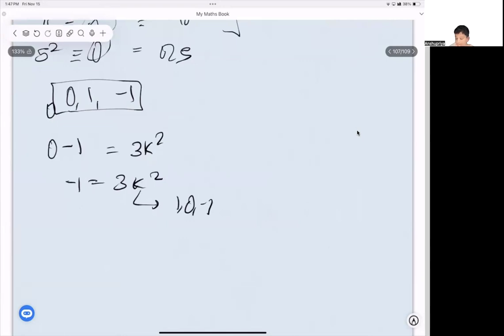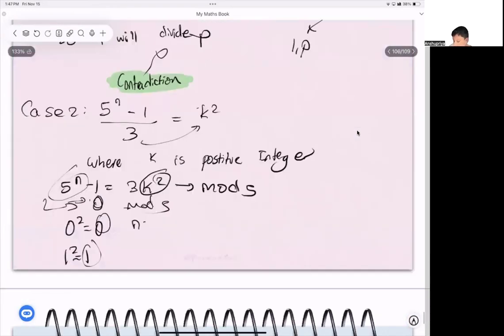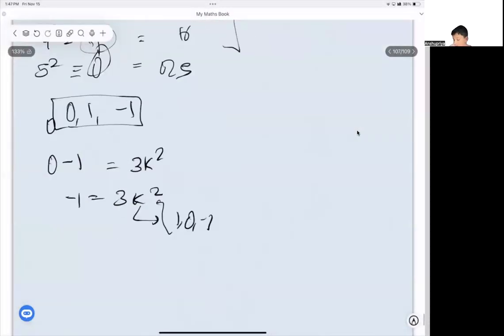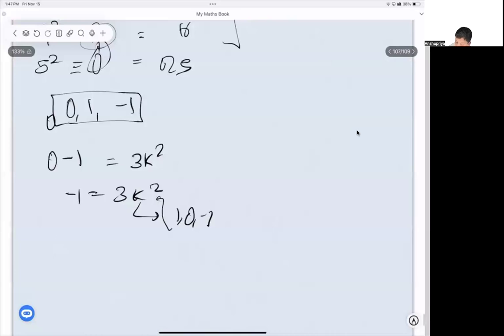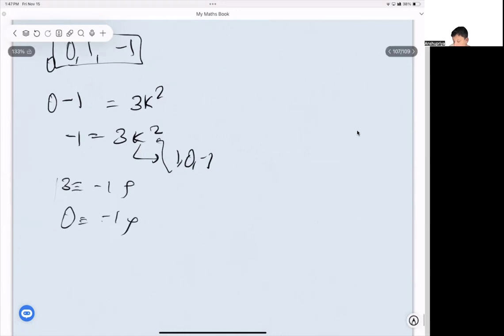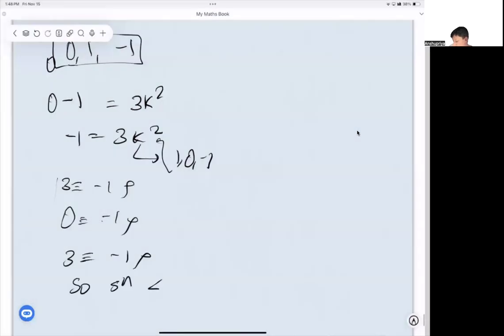So if we put 1, we get 3 is equivalent to minus 1, wrong. If we put 0, 0 is equivalent to minus 1, wrong. Minus 1 squared is 1 only, so 3 is equivalent to minus 1, wrong. So n must be less than 1.